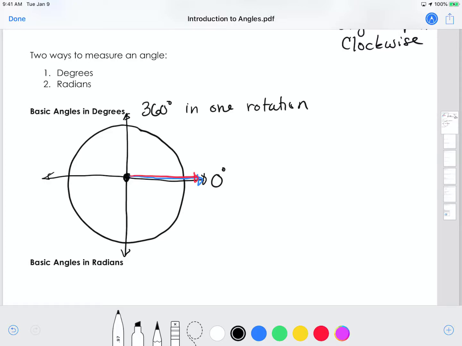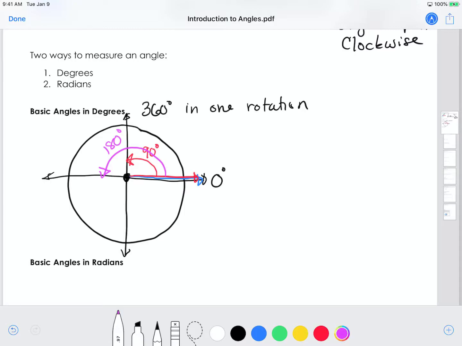If I swing open from the positive x-axis to the positive y-axis, that would give me a 90-degree angle. If I swing open, let me use a different color here so that it's easy to see, from the positive x-axis to the negative x-axis, that would give me 180 degrees.